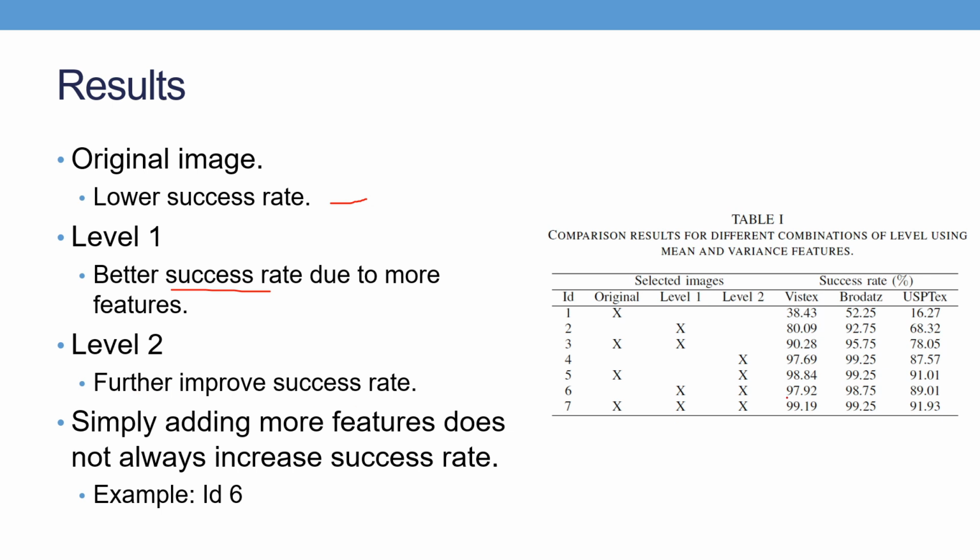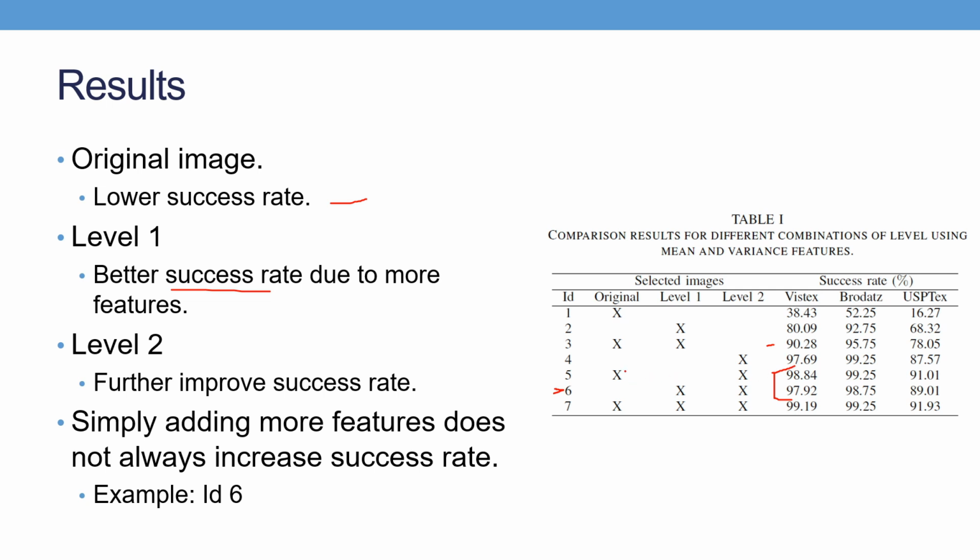Now we have to add a lot more features to improve, so the gain is not that much, but it's because we already have a high success rate. We notice that simply adding more features does not always increase the success rate. For example, with ID6, we increase the number of features compared to 5, but it did not improve the accuracy.